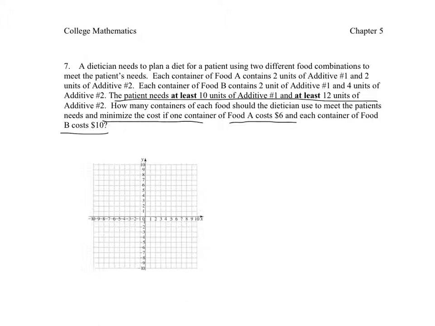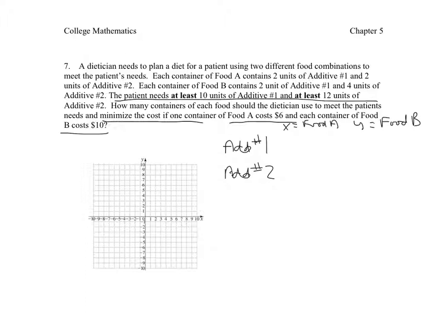Since we needed at least 10 units of additive 1, we're going to have one inequality that's based on telling us something about additive 1. We'll have one inequality for additive 2. It means since it talks about food A and food B, that's going to be our X and our Y. So X was food A, Y was food B.